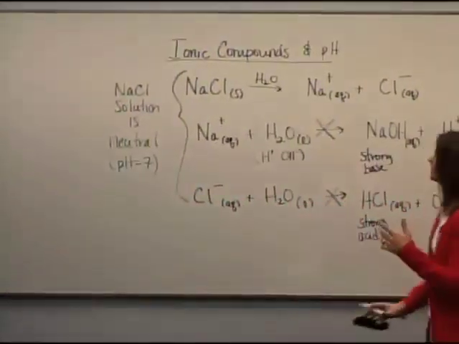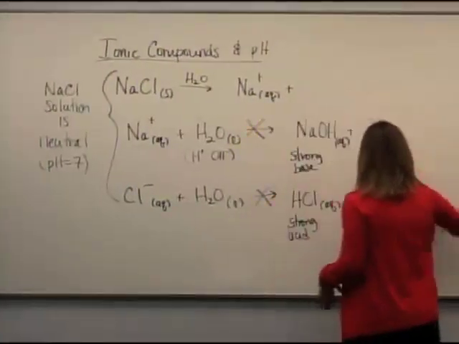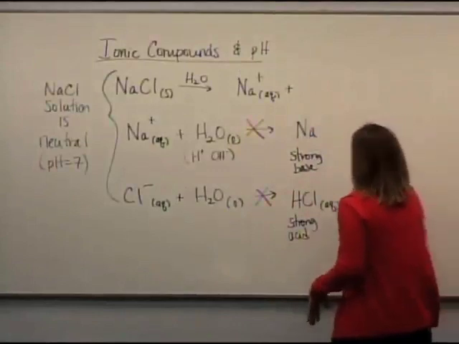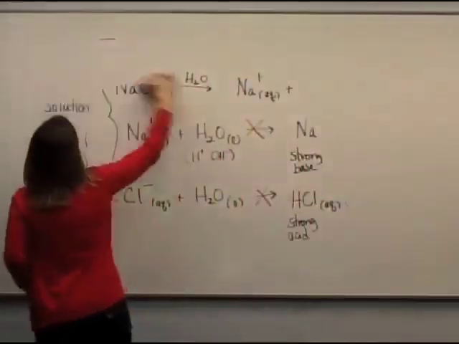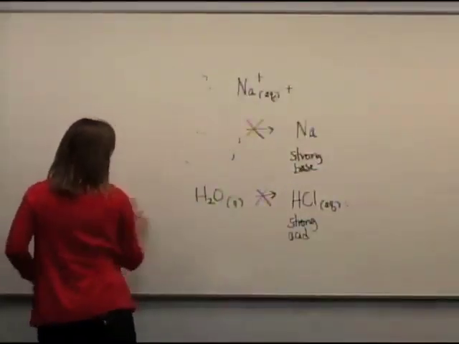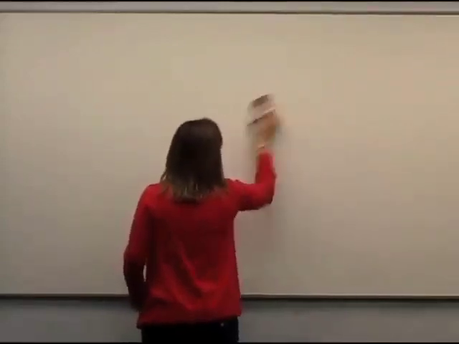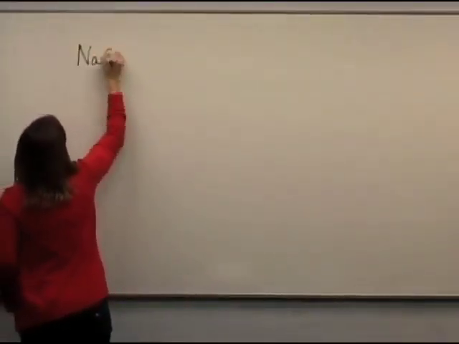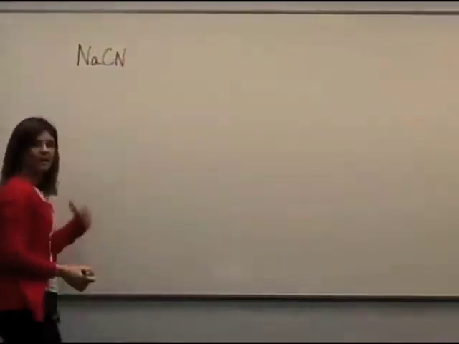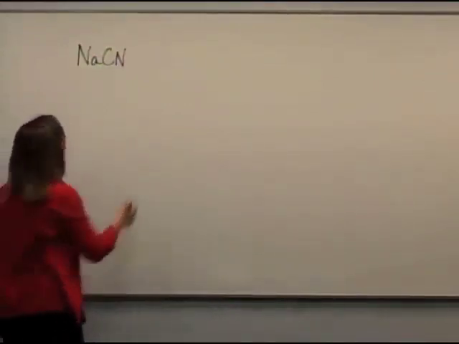But let's try something where maybe one of these reactions does happen. Let's say that we have sodium cyanide, another ionic compound, and I ask you, is a solution of sodium cyanide acidic, basic, or neutral?